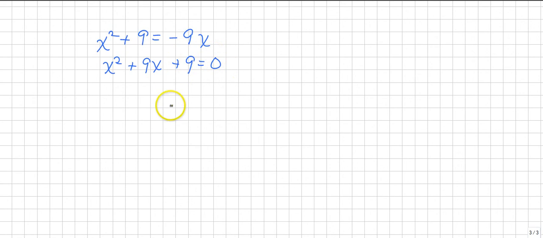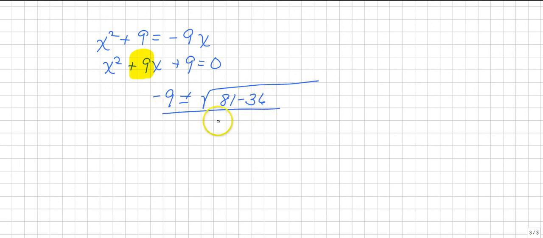Using the formula, which I'm not going to write again, we'll just do it. Negative b would be negative the b number, so it's negative 9, plus and minus the square root of b squared, which is 9 squared, or 81, minus 4 times a is 1, times c is 9. 4 times 1 times 9 is 36, all over 2a, which is 2.